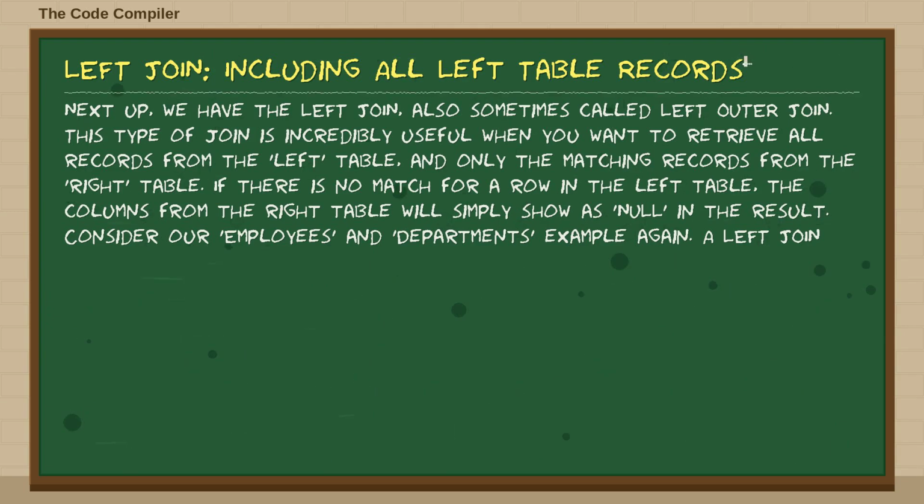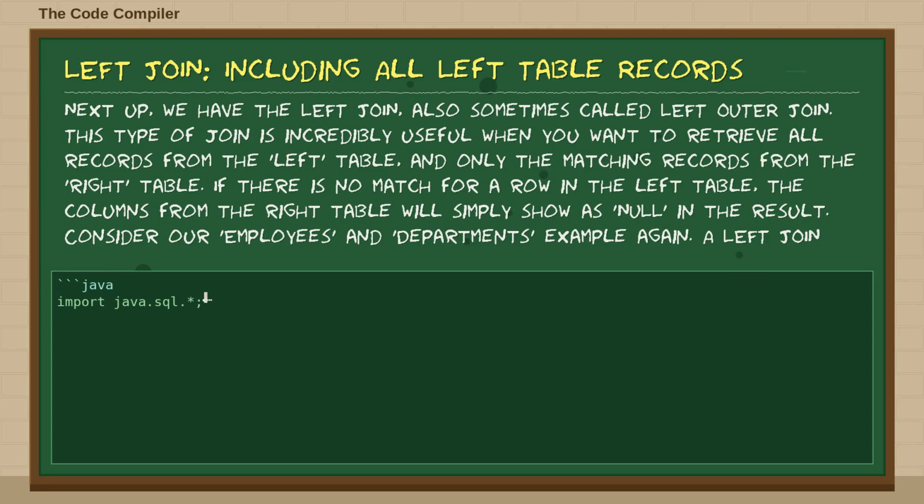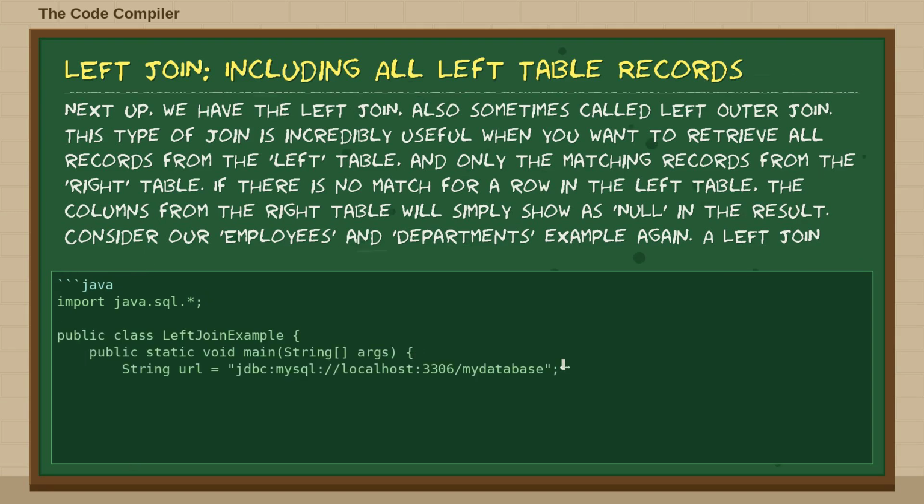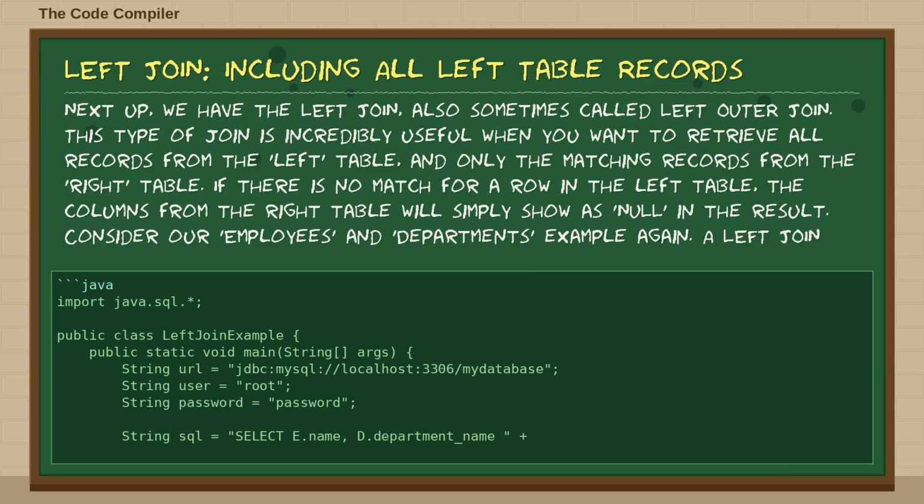You can see the SQL syntax for a left join on the whiteboard. Following that, we have a Java example using JDBC, very similar to our inner join, but now executing a left join query. Notice how the Java code structure remains consistent, making it easier to adapt for different join types.